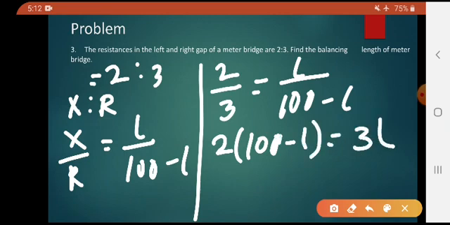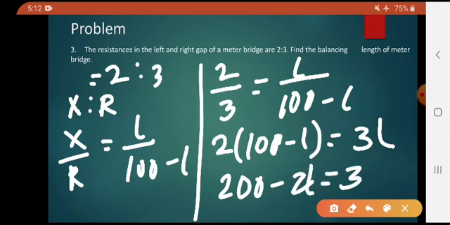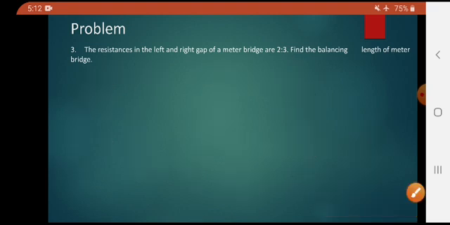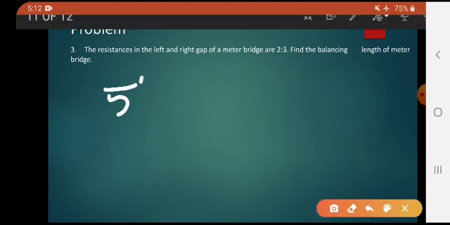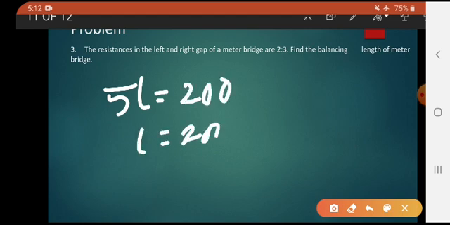So 200 minus 2L equals 3L. So 2L goes left, so 5L equals 200. So L equals 200 by 5, therefore 40.